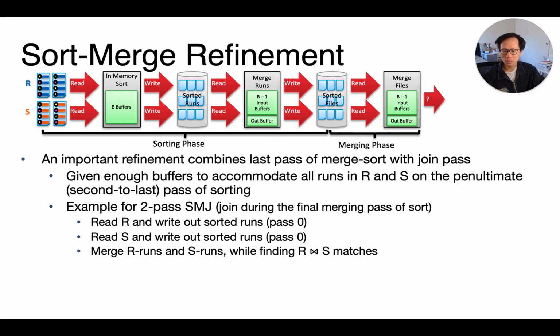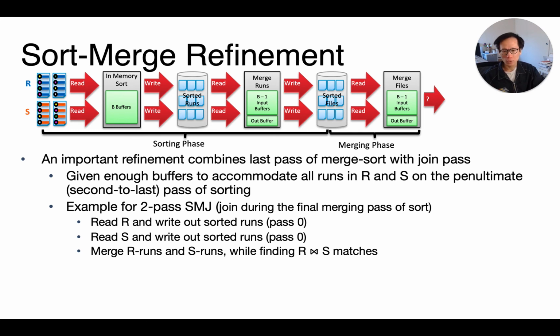So in essence, if we go back to the join algorithm for sort merge join, whenever it says next, imagine doing that next on the final merge of R and the final merge of S in each of their sort algorithms.